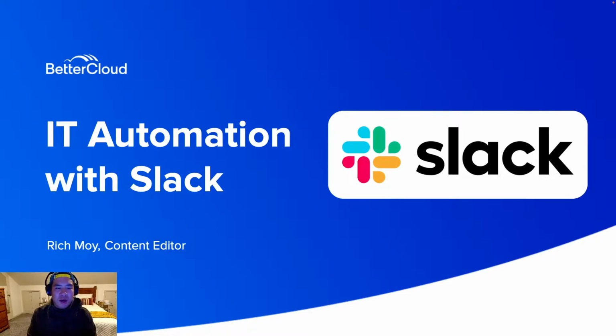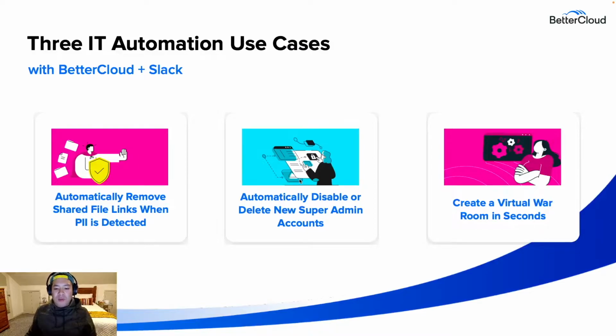This is the fourth video, I believe, that I've done of this nature, and I'm excited to be back to show you how you can automate some pretty important and often time-consuming tasks in Slack with BetterCloud. So today we're going to talk about a few things that actually took me a little more time to understand. We're going to talk about how you can automatically remove shared files when sensitive data is detected in messages in your Slack instance.